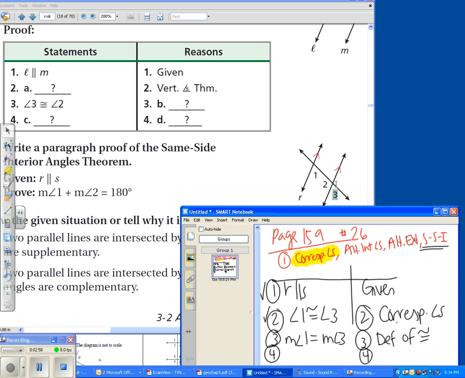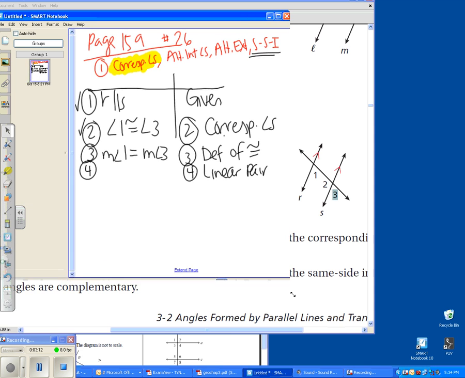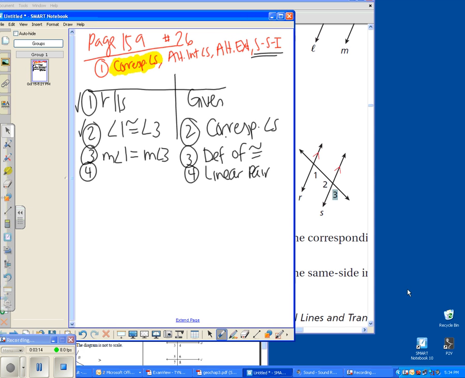So let's see here. What can I say is the relationship between angle 2 and angle 3? Well, to me, they look like a linear pair. So we're going to use the linear pair theorem. Okay, I'm going to make this a little bit bigger so hopefully you can see my writing better. Linear pair theorem says that they're a linear pair, so they're supplementary. So angle 2 and angle 3 are supplementary.